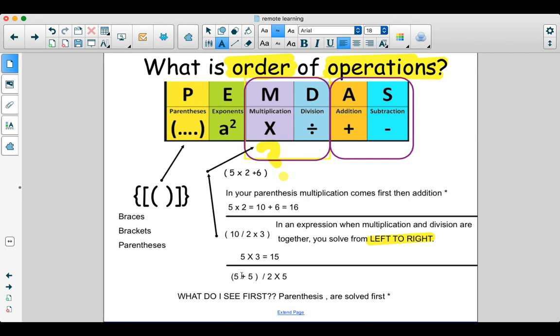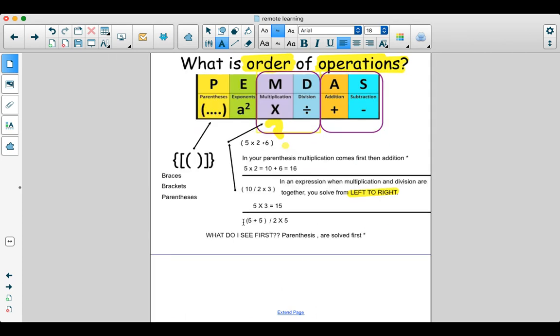Even though the expression in the parentheses is addition, the parentheses come first. So step 1, you're going to solve 5 plus 5, and you get 10. That is step 1.